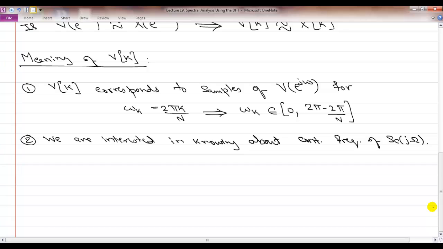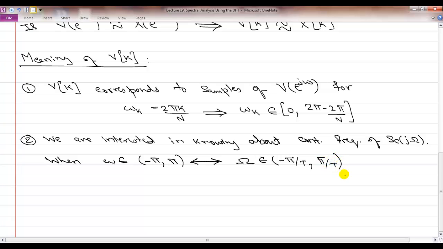So when little omega belongs to minus pi to pi, that corresponds to capital omega in minus pi by T to pi by T.